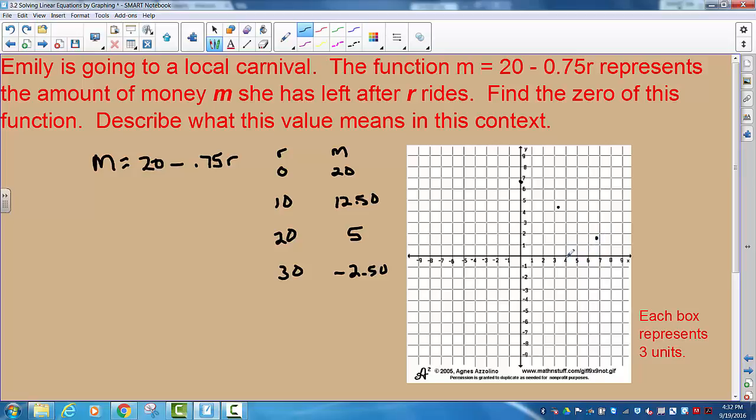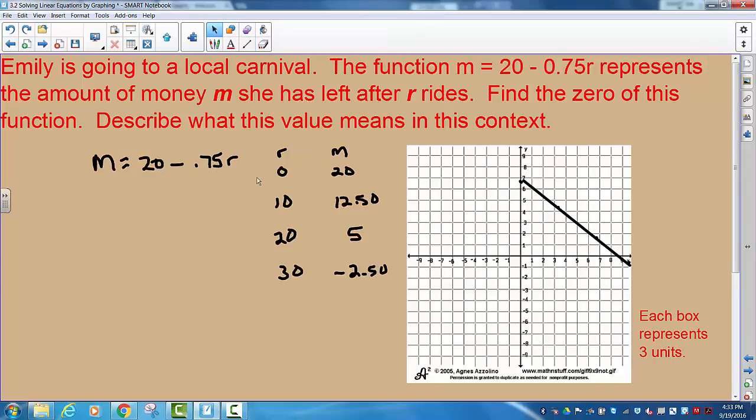And then we've got 30 and negative 2.50. So 30 would be right here, and negative 2.50 would be about here. And then we draw our line, and let's see what we come up with.